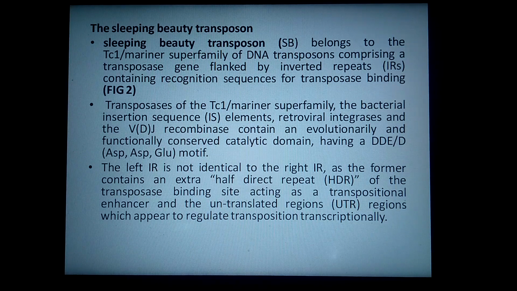The left IR is not identical to the right IR, as the former contains an extra half direct repeat, HDR, of the transposase binding site acting as a transpositional enhancer, and untranslated regions, UTR, which appear to regulate transposition transcriptionally. So this is what the Sleeping Beauty transposon consists of.